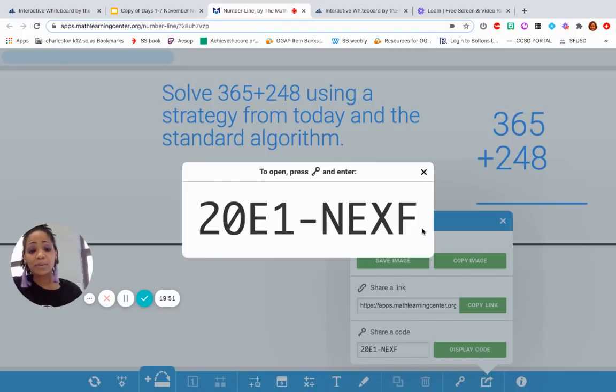So you'll go to the number line app, you'll put in this code, you'll solve this problem using two strategies, one from today for sure, and then another one, standard algorithm or something else if you're not sure how to do the standard algorithm. You're going to then get a new code by pressing this box, and share that code with your teacher so she knows you're participating with Number Corner.